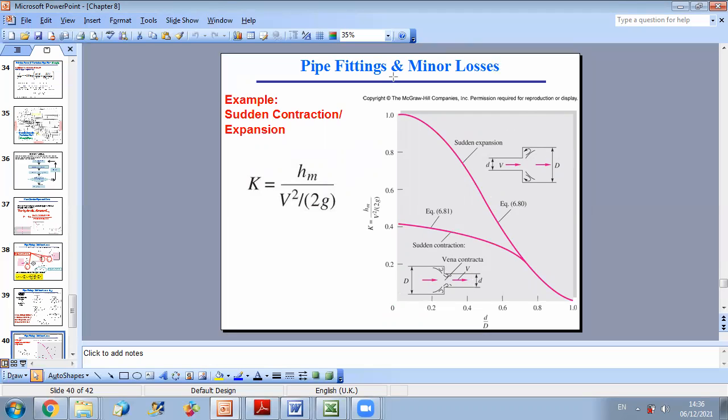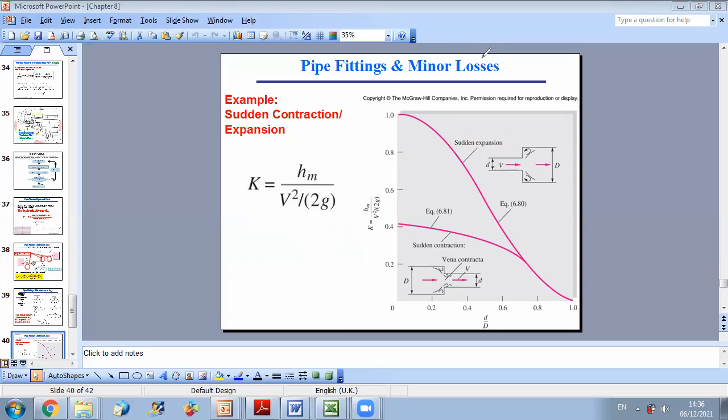As you can see here, they specified that for sudden expansion, the reference velocity is the velocity before the fitting. That is, if you have an expansion and you want to use this graph, the minor loss of the expansion should be taken with the first part, because I'm multiplying it by V, the velocity of the first part, not the velocity of the second.